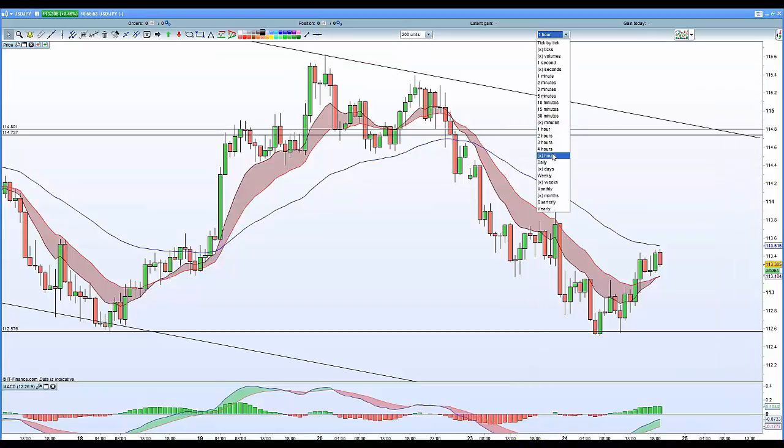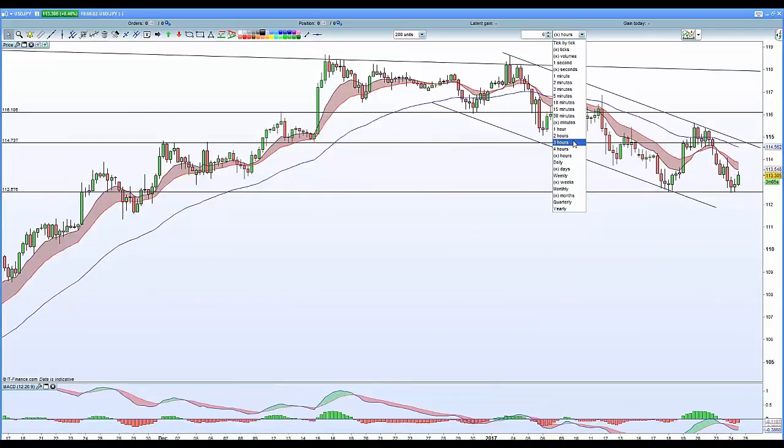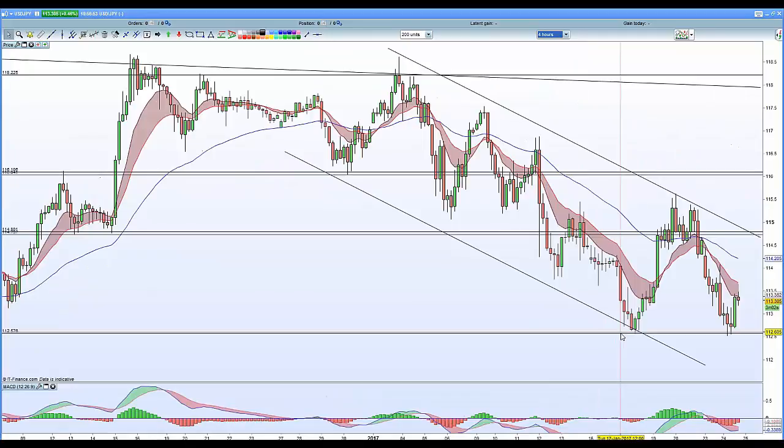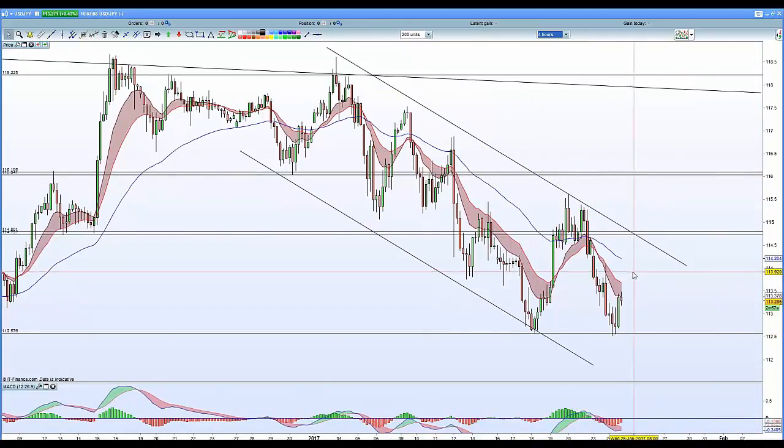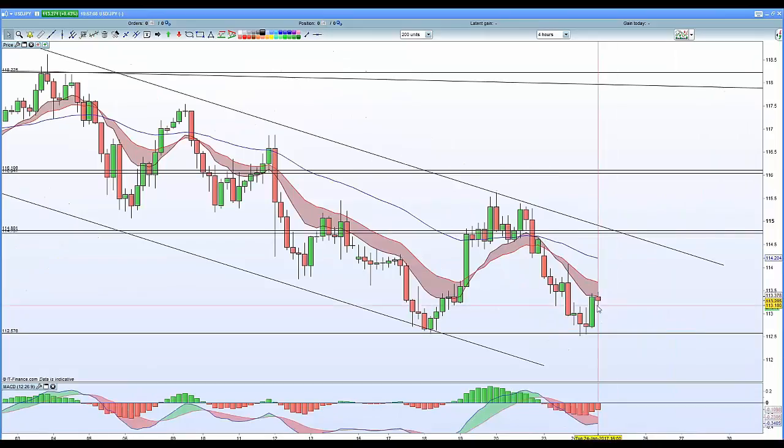But what I'm looking out for, if you go to the 4-hour chart again, is at least a move back to the resistance level here around 114. That's about 150 pips or so. And now that the 4-hour candle has formed like that, I'm more convinced that the bulls might take it up to this level.